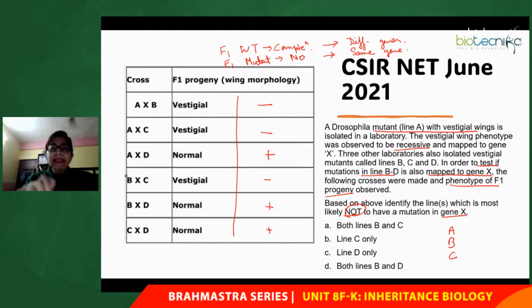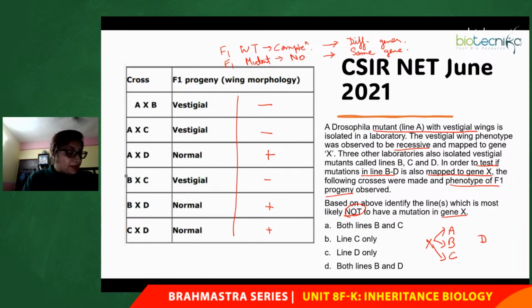But D is complementing A, D is complementing B, D is complementing C, which means D is present in a different gene. So if A is present in gene X, B and C are also present in gene X.